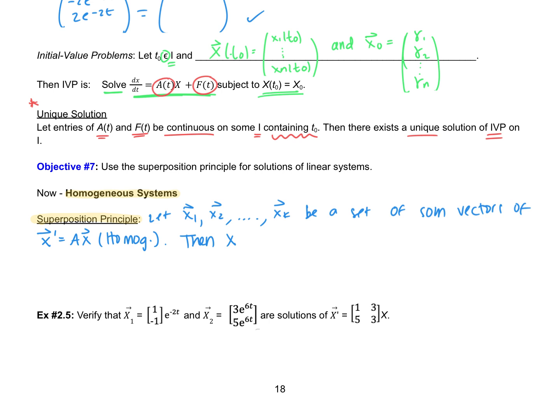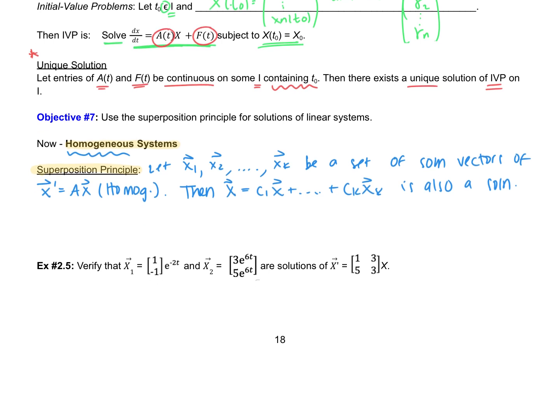Then x is equal to c1 x1 add all the way up to ck xk is also a solution. So that should not be shocking. We've seen that before. What's new is that we are applying the superposition principle to homogeneous systems also. If you remember, the reason we use the superposition principle is we hope to be able to find some linearly independent solutions to use to form the general solution. So that's a little bit of a preview of what we're going to be getting to.